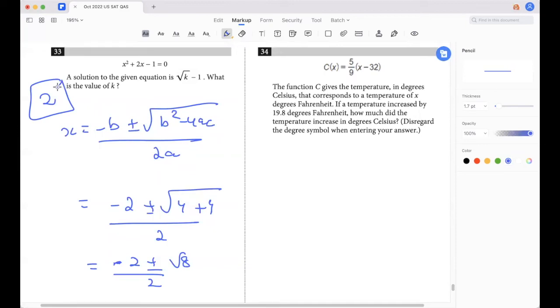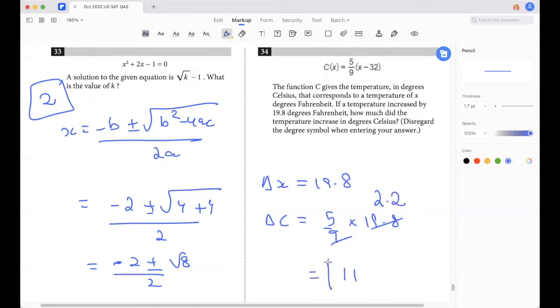Okay, so if delta x was 19.8, delta c will be 5 by 9 times 19.8, right? Because delta x is 19.8, so delta c would be 5 by 9 times that, right? 2.2. So that would be 11.